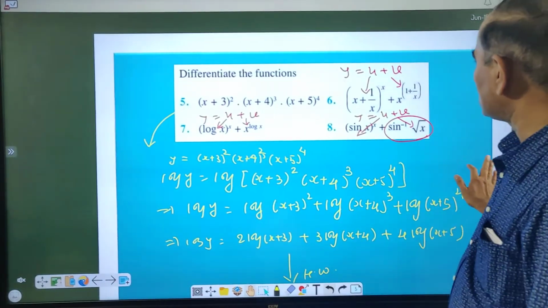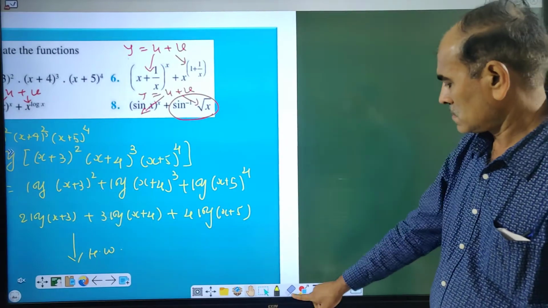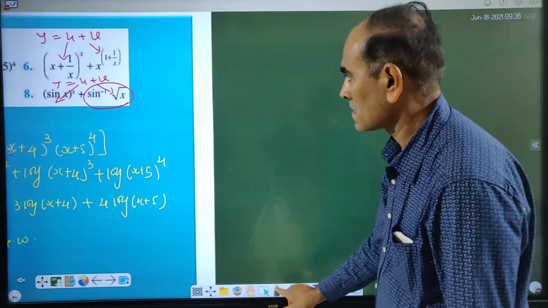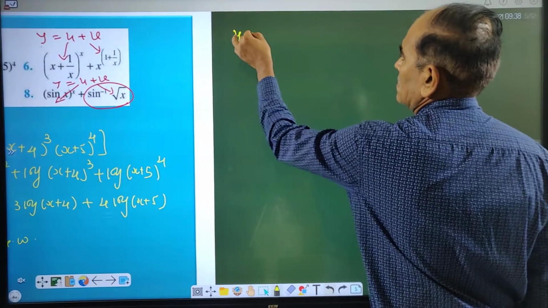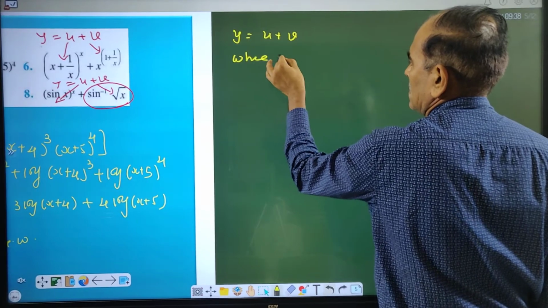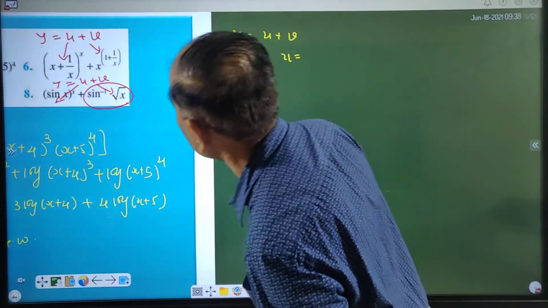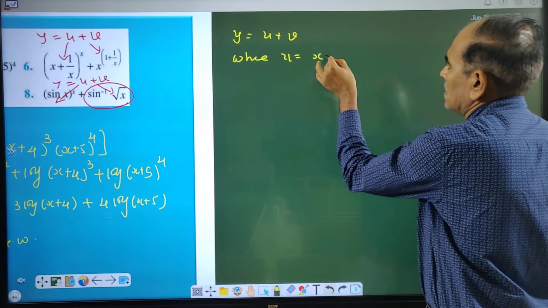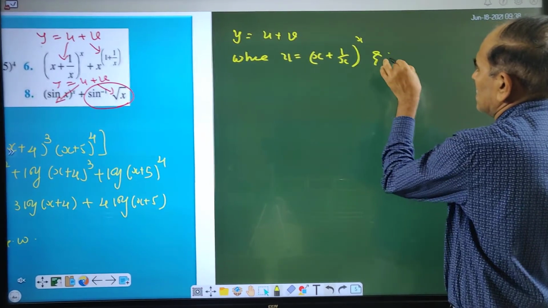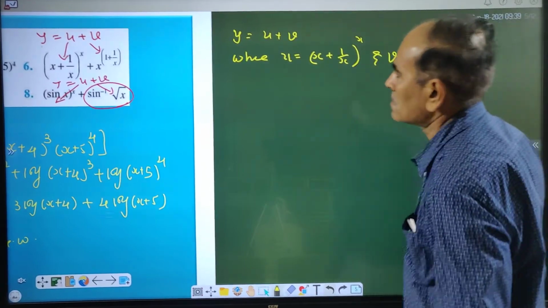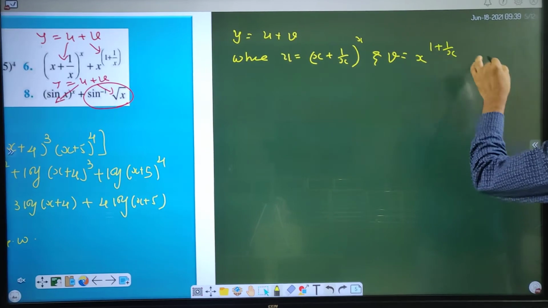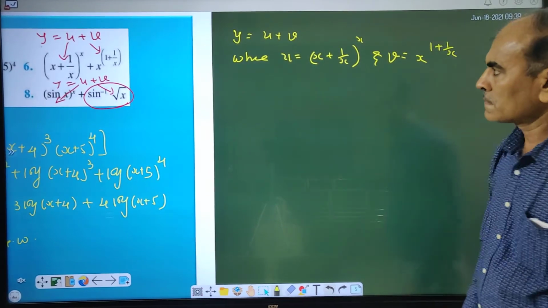This one, y is equal to u plus v, where u is equal to (x plus 1 by x) raised to x, and v is equal to x raised to the power (1 plus 1 by x), no problem.